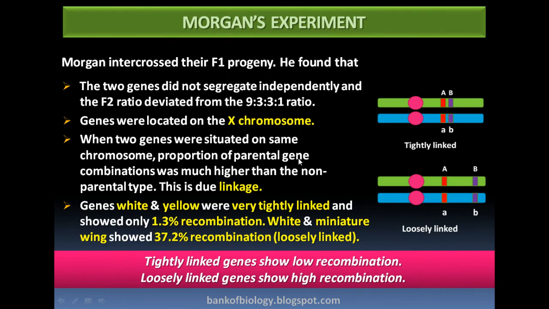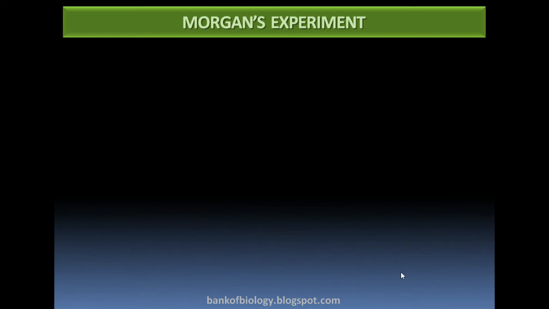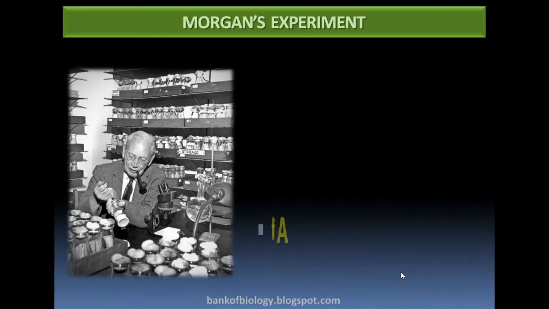When two genes were situated on the same chromosome, the proportion of parental combinations was much higher than non-parental types due to linkage. So we studied that tightly linked genes show less recombination and loosely linked genes show high recombination.